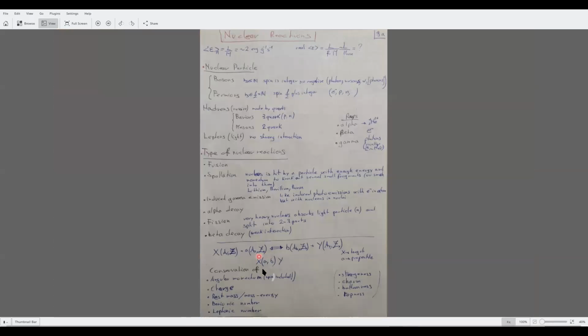You can easily write it in this way with the X and the Y, the two main particles, the target particle and the product particle. A and B are the two secondary particles in the reaction. A is the projectile that is colliding on the X, and B is the emitted particle in the reaction.